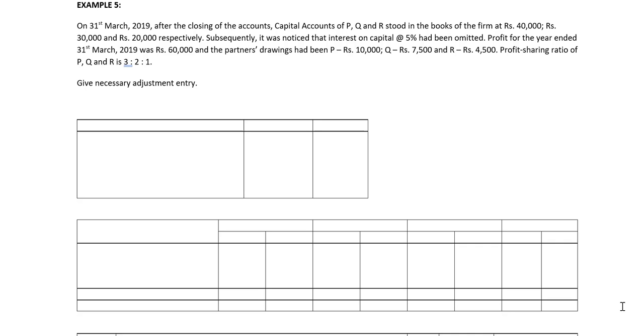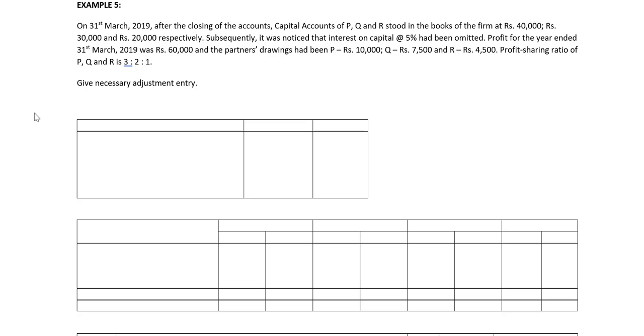If it had been the fixed capital method, since there's no additional capital and withdrawal of capital, the opening capital will be equal to the closing capital and we can apply the 5% on these capitals which are given. But since we are following the fluctuating capital method, we need to ascertain the opening capital from the closing capital by adding the drawings and subtracting the partner's share of profit.